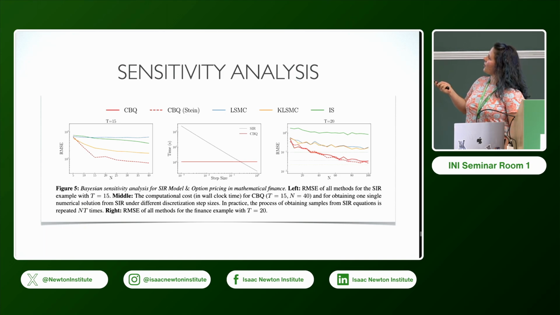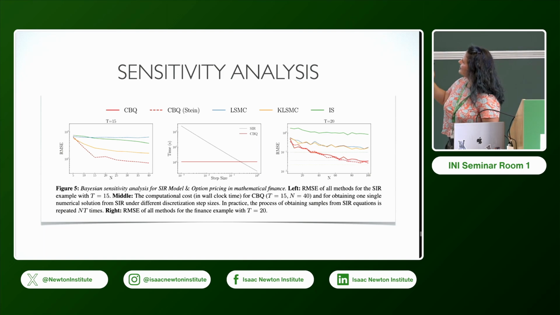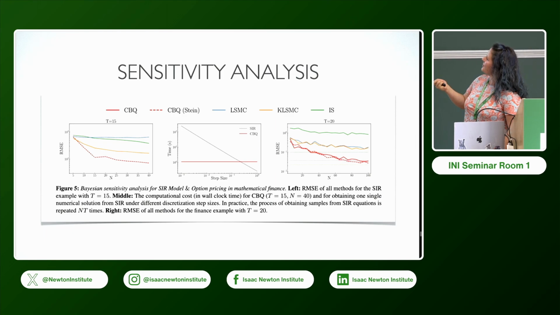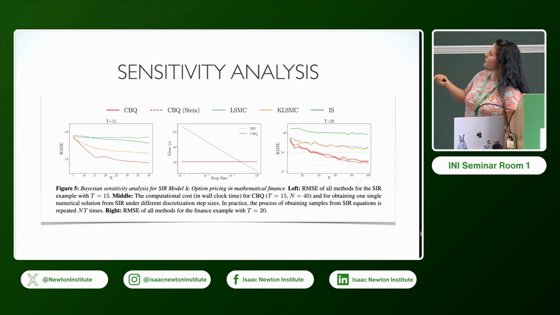The time it takes to get one sample out of a SEIR model grows so quickly that if we want a more precise output from the model, which corresponds to a low step size, the time it takes to get one sample overshadows heavily the time that it takes to get a CBQ estimate.